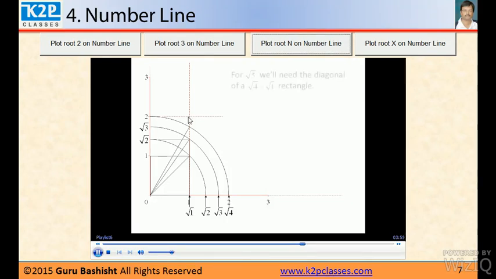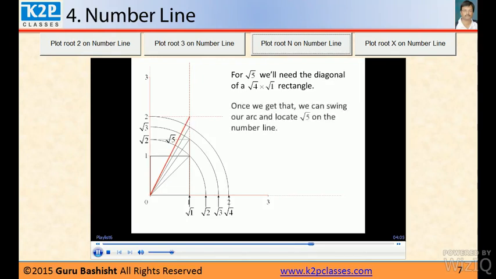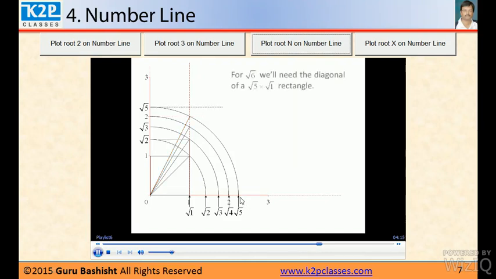So this length from O will be root 5. Taking this red line as radius, we will draw an arc which will cut the x-axis at this point, and it is root 5. Similarly, root 6, root 7 can be drawn.